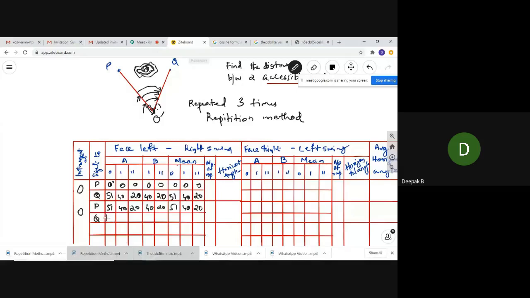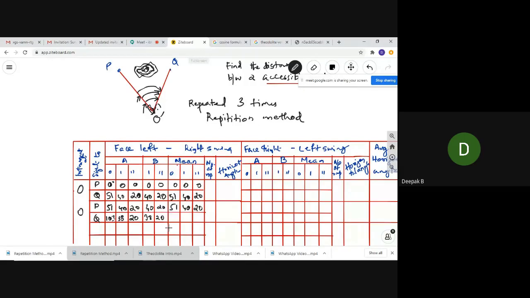This is 103, 38, 20. And the B vernier will also show the same thing, that is 103 degree, 38 minute, 20 seconds.